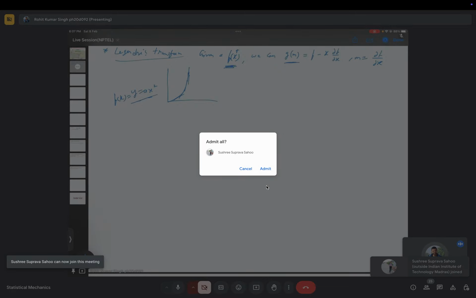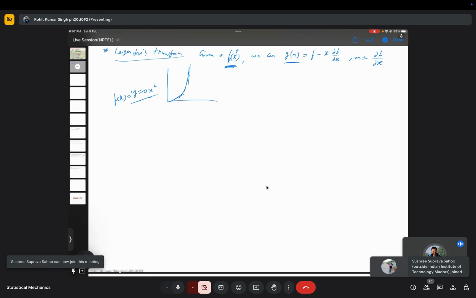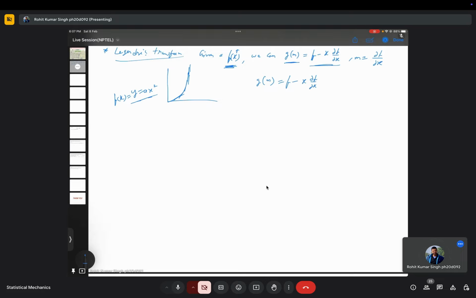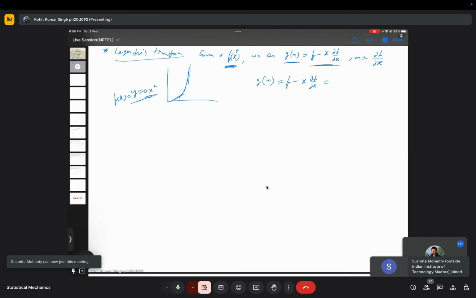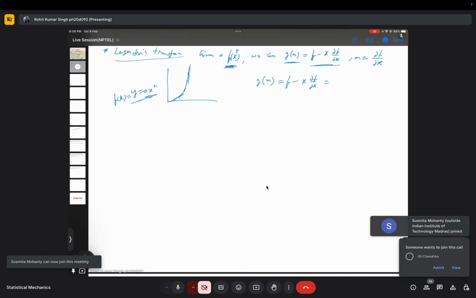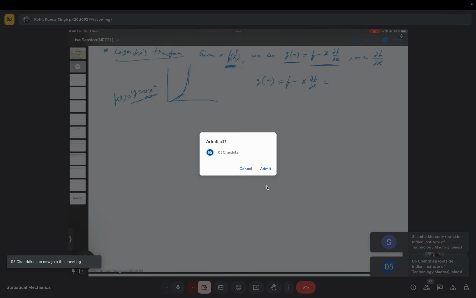If you can find the tangent at all the places on this curve, then you can basically retrace the curve. So we find another function using this recipe, f minus x del f by del x. Here our f is basically a x square.